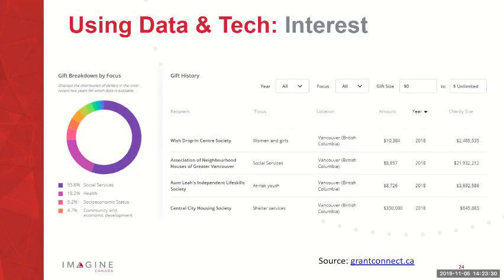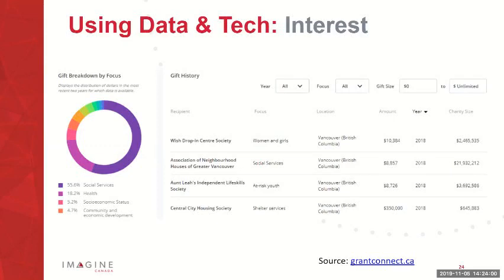the example that you see here is just from our gift analysis tab. As many of you who are users on the line know, this is probably the screen that you most associate with Grant Connect: our giving history, or our CRA data. In this example, you can see in the breakdown who they gave to, for what cause, for where, how much, and then again, we provide you with that new data point of charity size at the far right to help you benchmark: is this charity receiving funding?